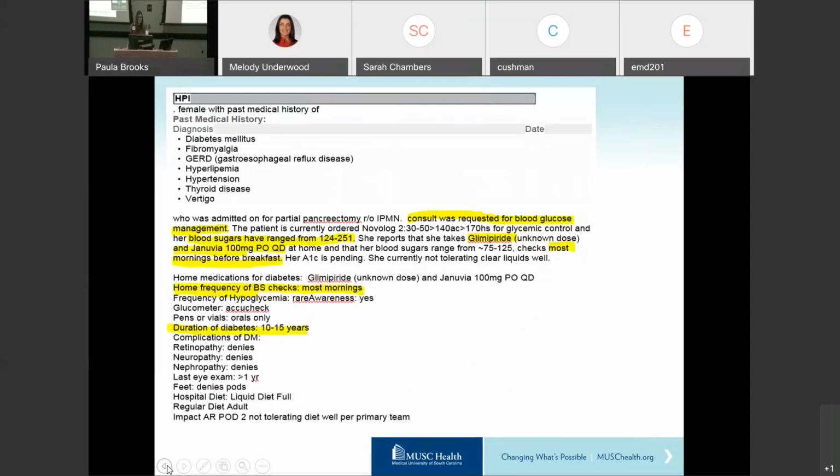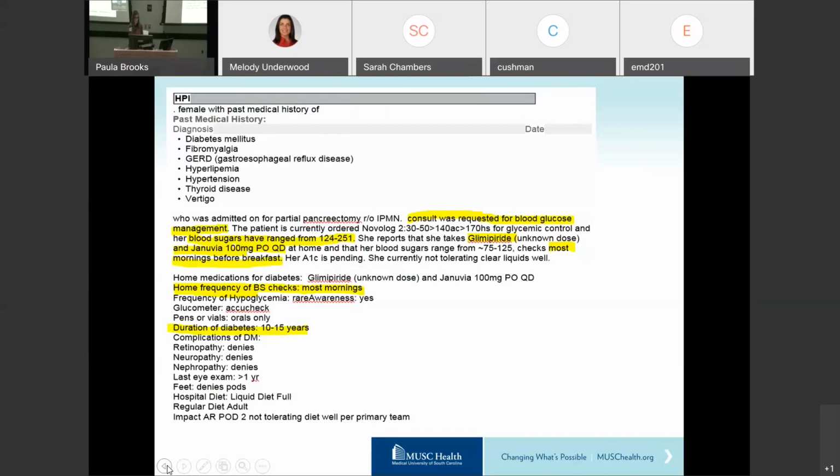Let's take a look at this note. I have an HPI. You can see that consult was requested for blood glucose management. We have severity. We have modifying factors. We know what kind of medication the patient's taken.